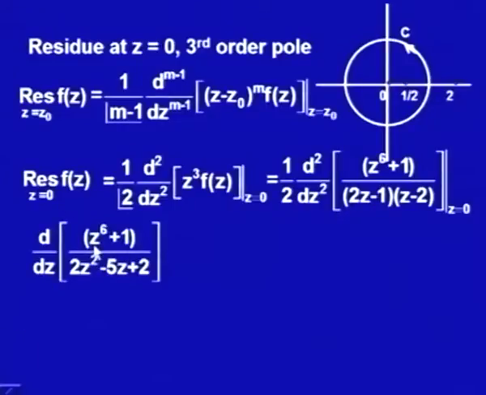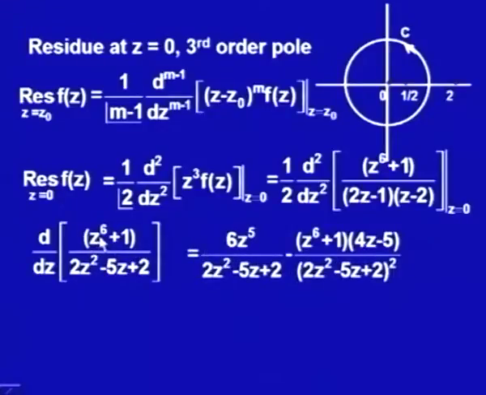So, the derivative of z to the power 6 plus 1 upon 2 z square minus 5 z plus 2. We will simply use the method for the multiplication of two functions. It would be 6 z to the power 5 upon 2 z square minus 5 z plus 2 as such, minus the function as such and the derivative of this, because this is 1 upon.